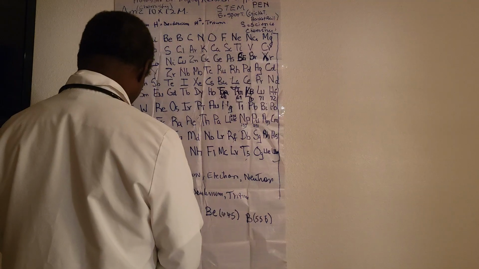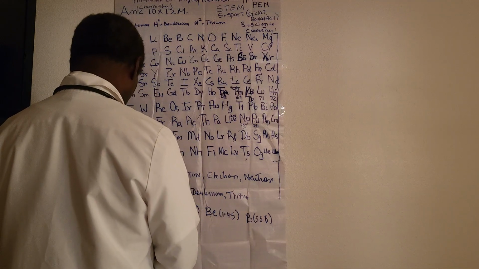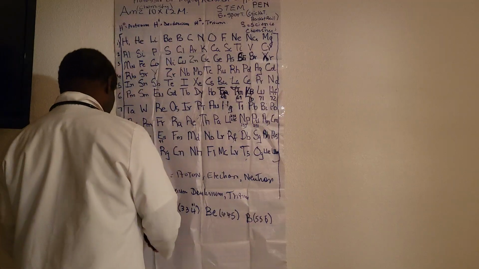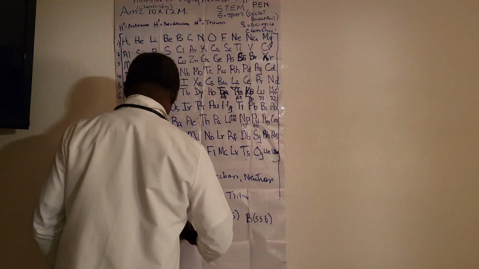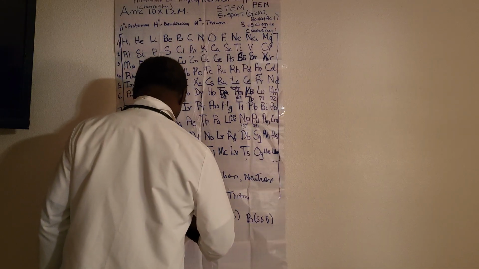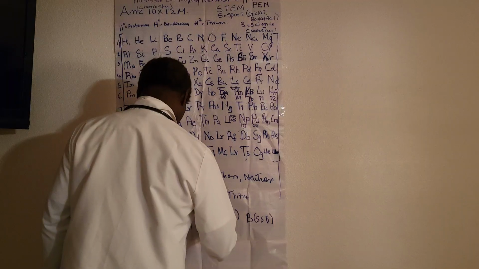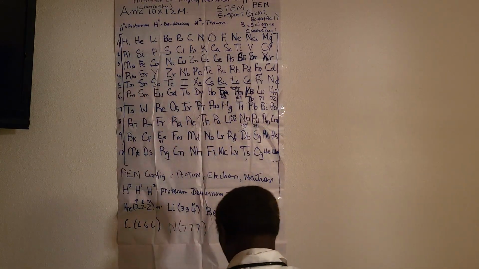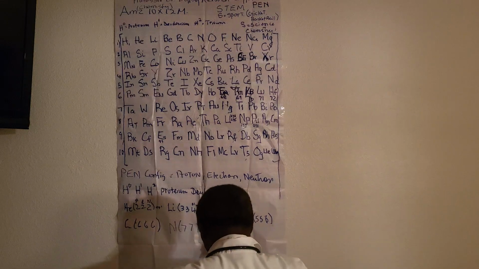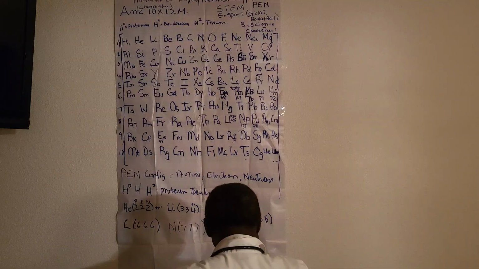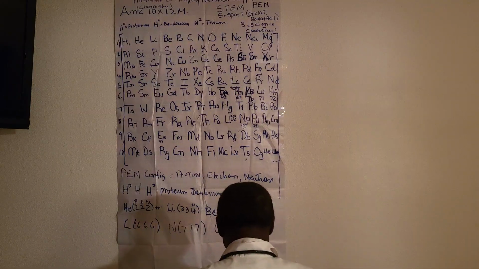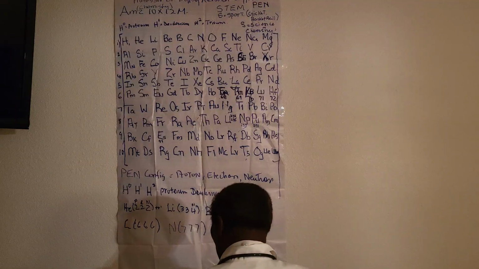But you have carbon-7 and 8 and others. You have a lot of carbon isotopes here. But I think 6 would be, for the PEN configuration, 6, 6, 6. Carbon, nitrogen, and you have 7, 7, 7. You also have nitrogen-8, nitrogen-9 isotopes, let's see here. PEN configuration, basic. Then you have oxygen, you have 8, 8, 8, and you have oxygen-9 as well, isotopes, and so on.